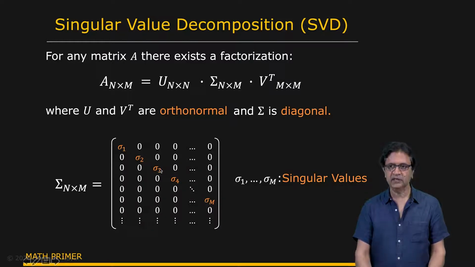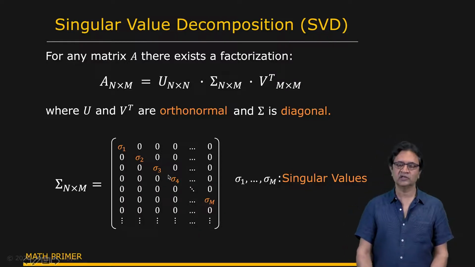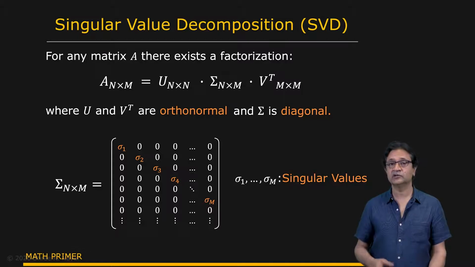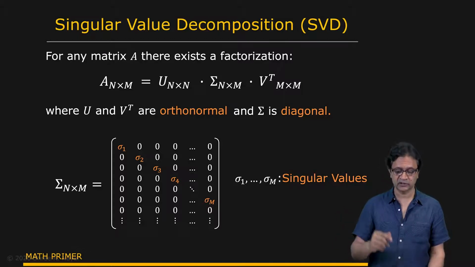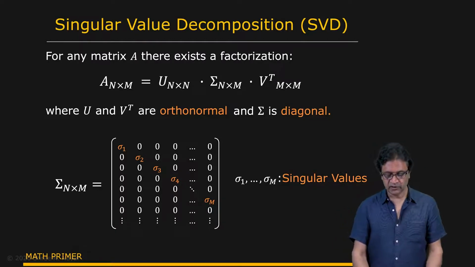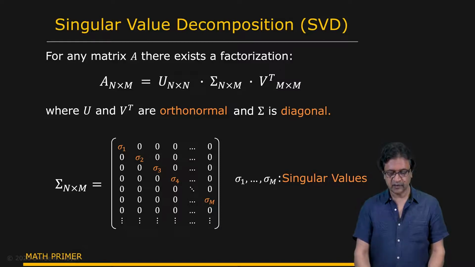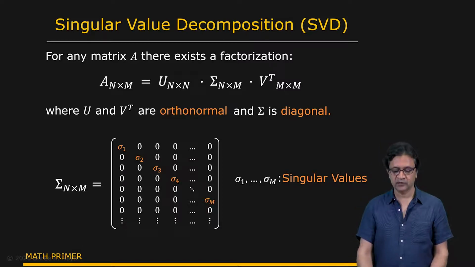In fact, these are non-negative numbers, so it's called a positive semi-definite matrix. They are ordered in descending order of magnitude. So sigma 1 is the largest value, then sigma 2, and so on. And the number of non-zero sigmas has to do with the rank of the matrix, which we discussed earlier. So these are the singular values, and that is what singular value decomposition gives you.